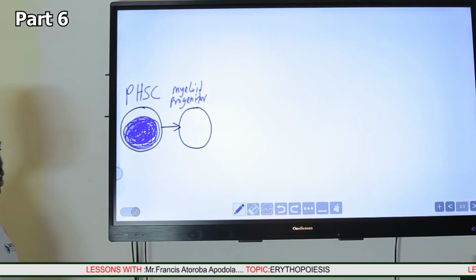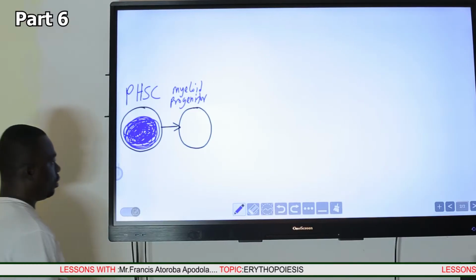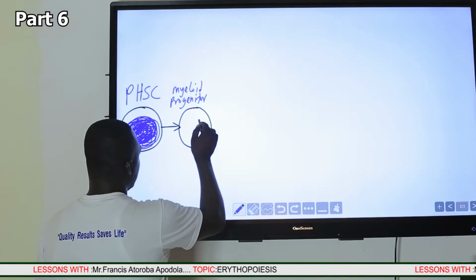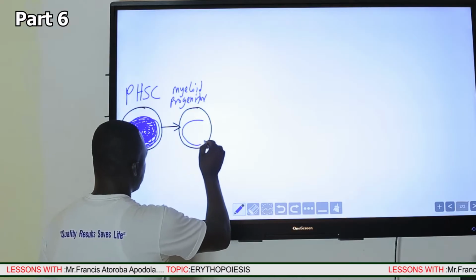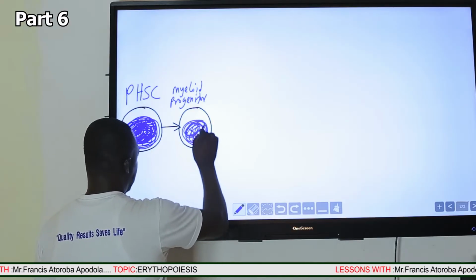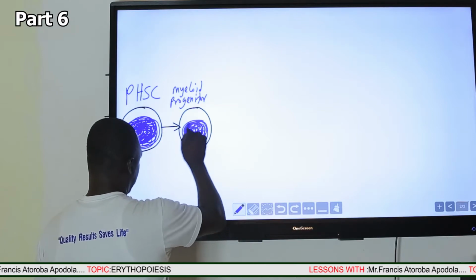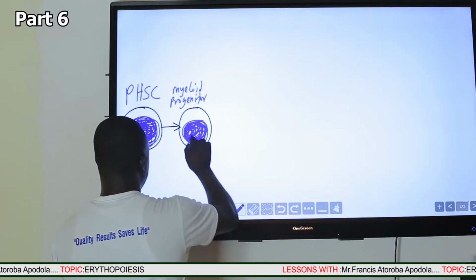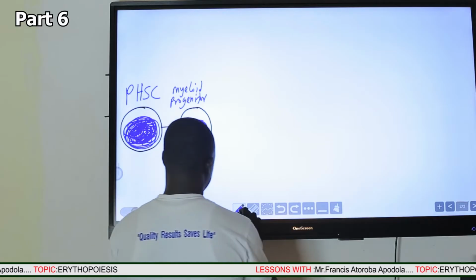And this is actually a multipotent stem cell, also with its nucleus. So this is the myeloid progenitor stem cell.